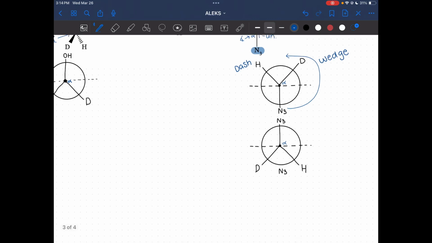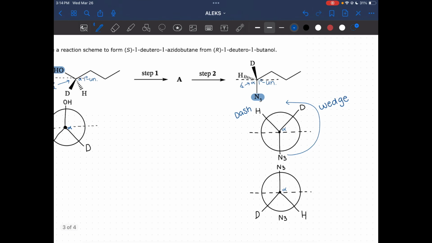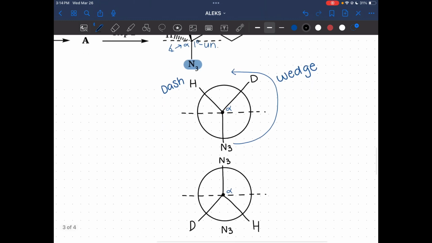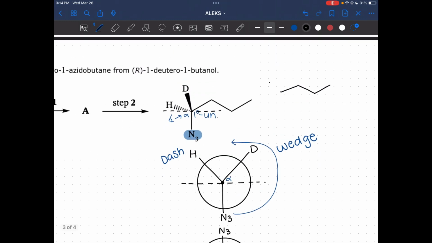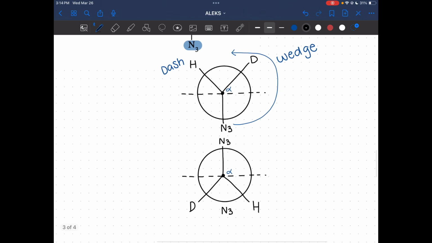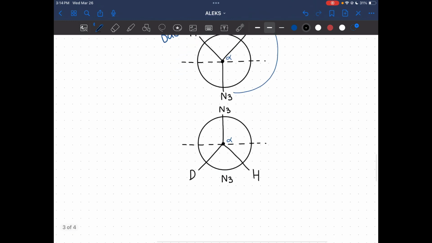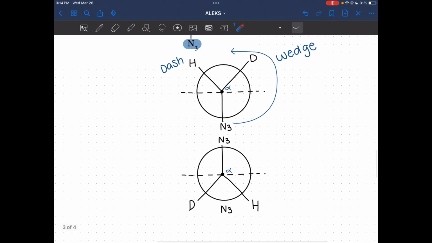So when I now redraw this final product in this new conformation, I will end up getting the N3 pointing straight up as before in the plane. I will end up getting my deuterium now. We know it's going to be pointing downward because it's below this horizontal line here.